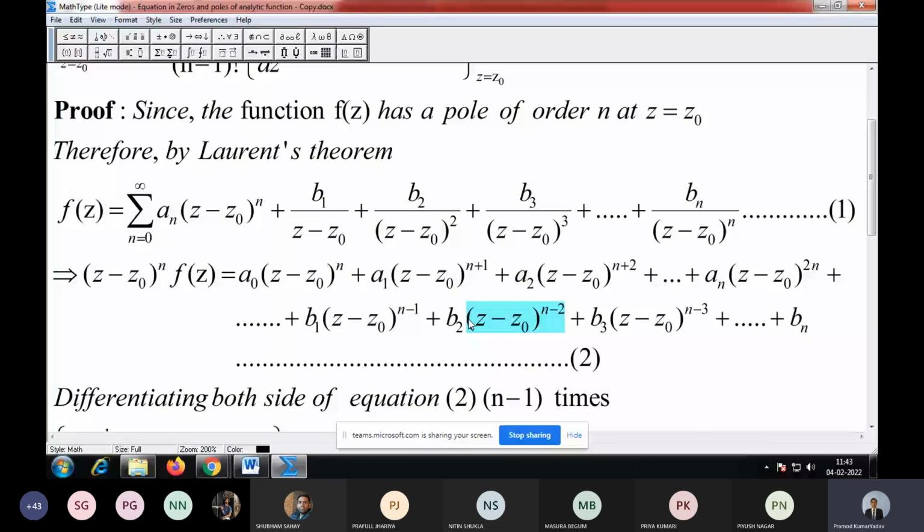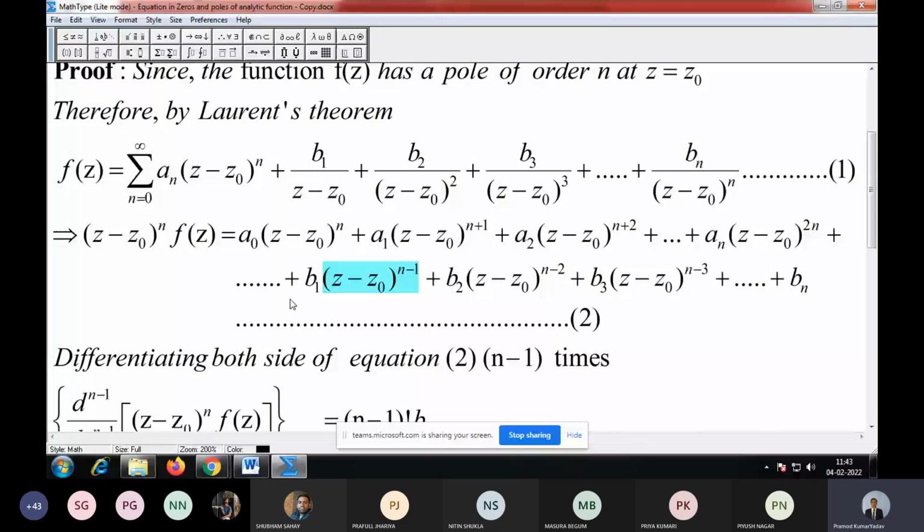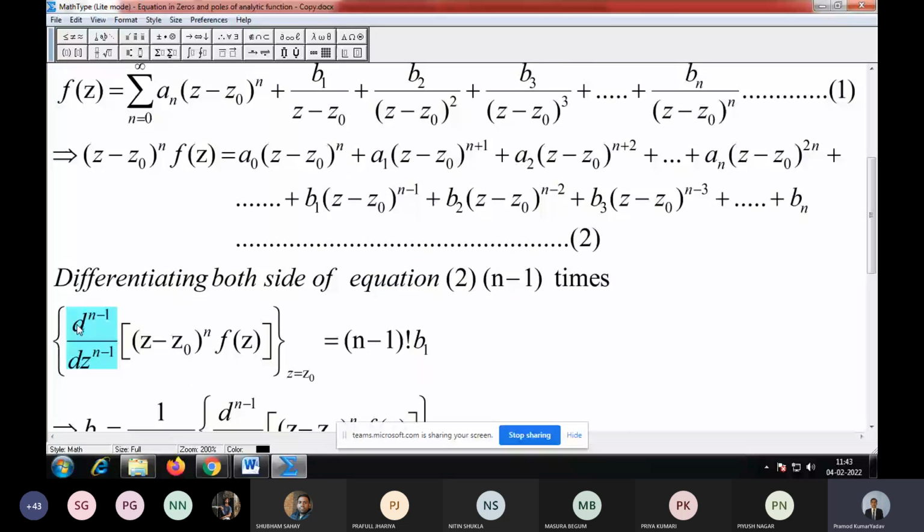When we differentiate n minus 1 times, n minus 1 is greater than n minus 2, so this term will be 0, this term will be 0, and the other terms will be 0. But here, n minus 1, n minus 2, n minus 3, and so on gives factorial n minus 1. So we get b1 into factorial n minus 1. And on the left side, we are differentiating n minus 1 times, so it is the (n minus 1)th derivative of this one.